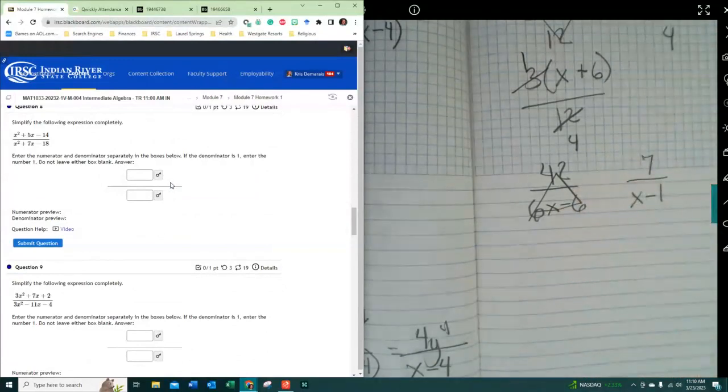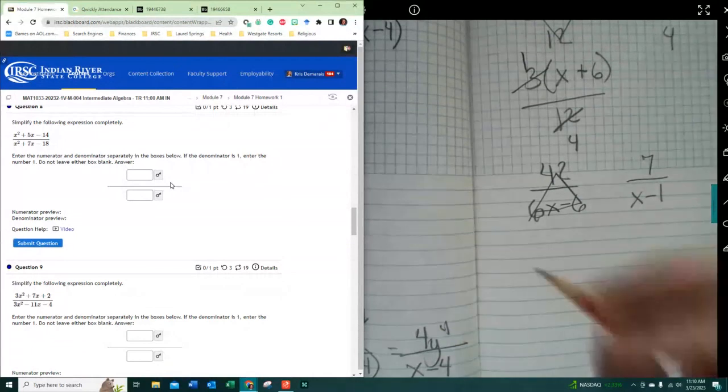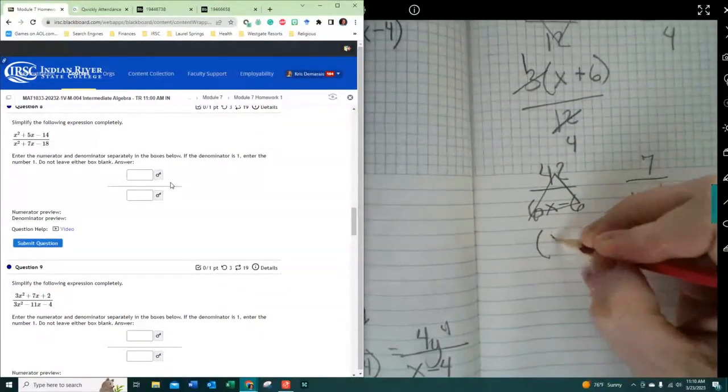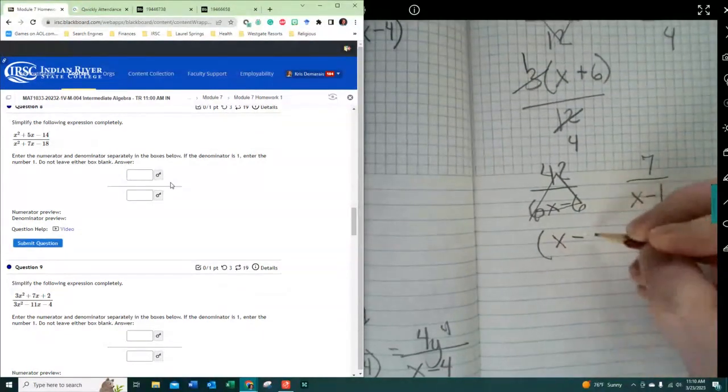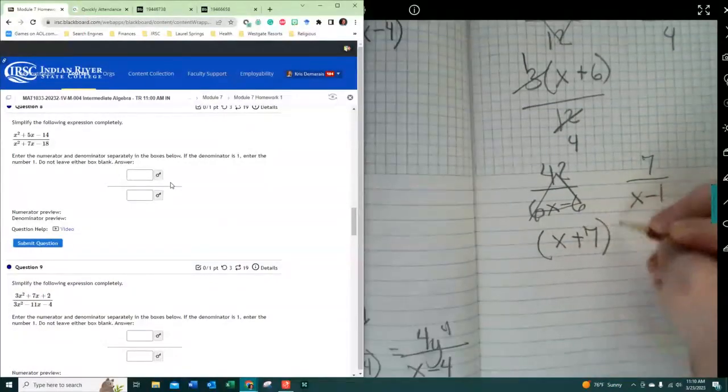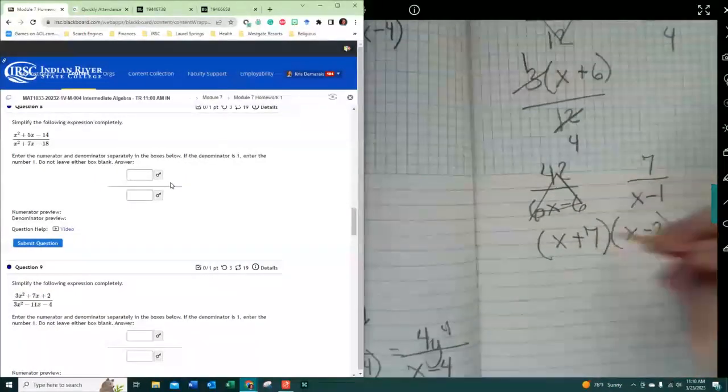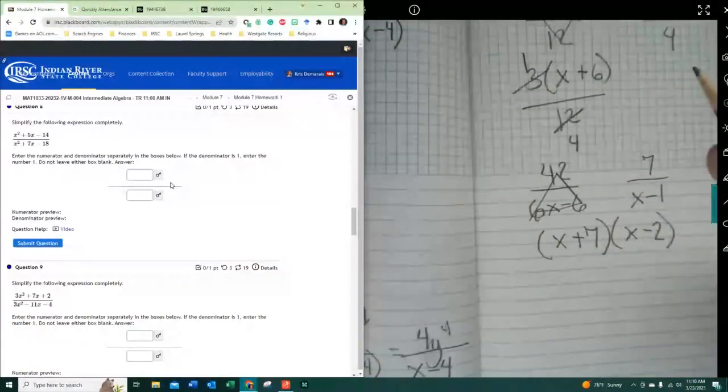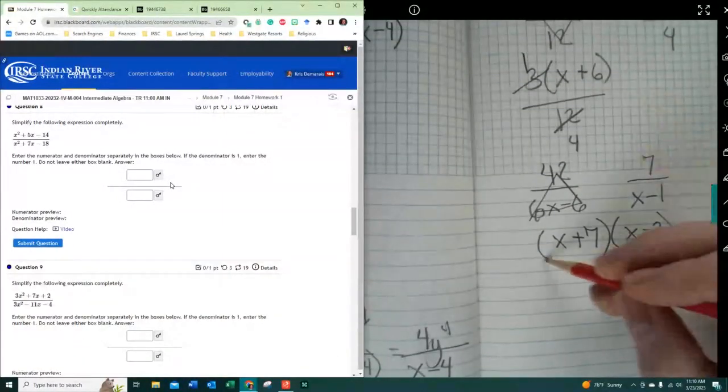You're thinking 7 times 2, right? 7 is positive, 2 is negative. So I'm going to factor that right away while I'm writing it down. I'm going to write x plus 7 and then x minus 2, because those two will multiply together to create the negative 14 that adds up to 5.